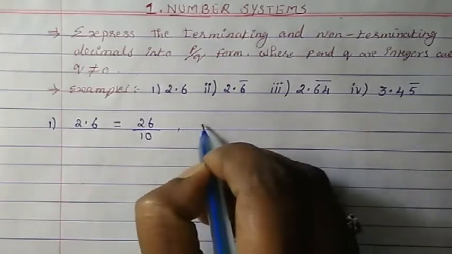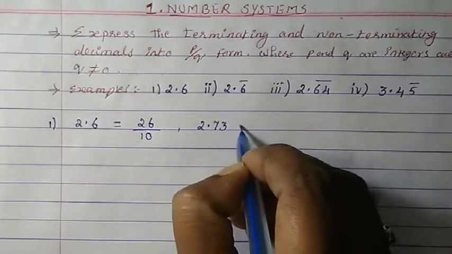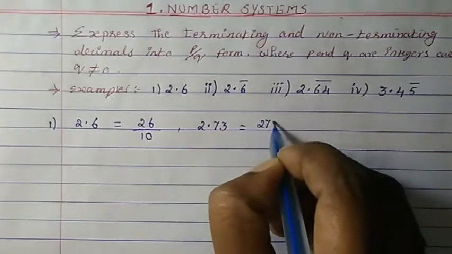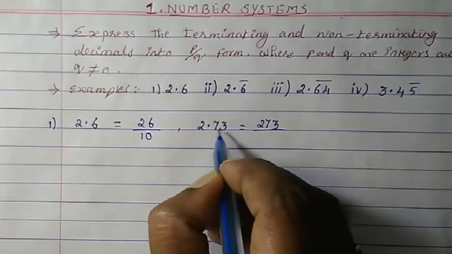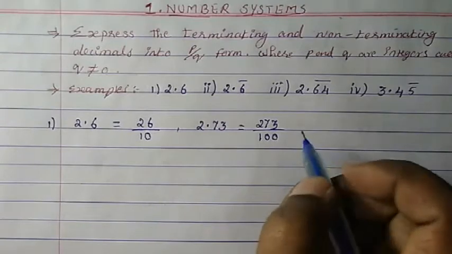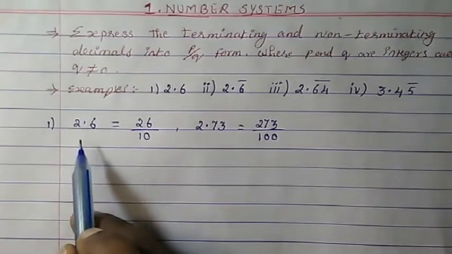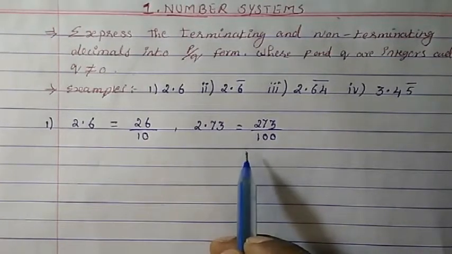If there are 2 digits after the decimal, first write down the number as it is, 273. Now, how many digits are after the decimal? 2 digits, so we add 2 zeros. That's it, you know this already. So when this type of decimal comes, it's very easy to write it in p/q form.